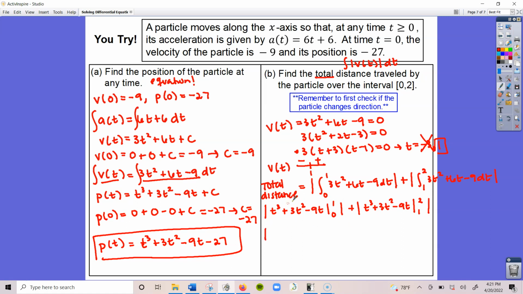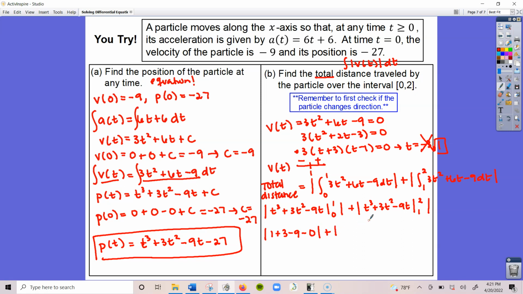So now when I plug in the 1, 1 to the third is 1, plus 1 squared is 1 times 3, 3, minus 9 times 1 is 9. Minus when I plug in 0, if I plug in 0, everything will be 0, so 0.